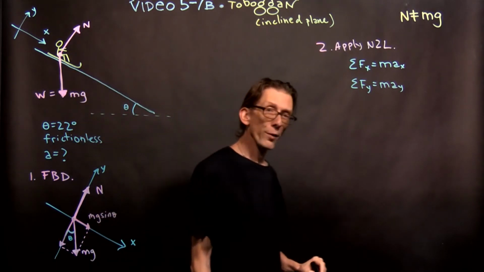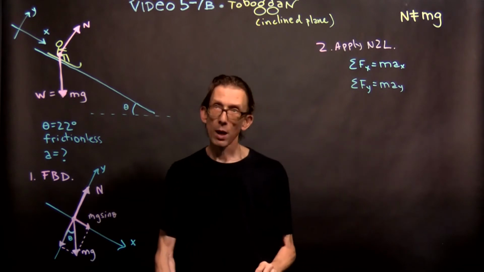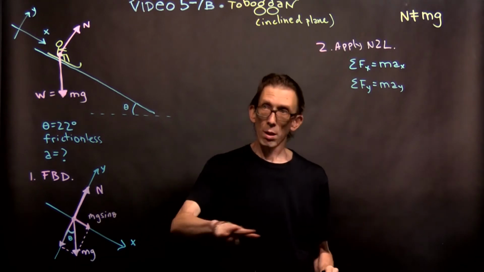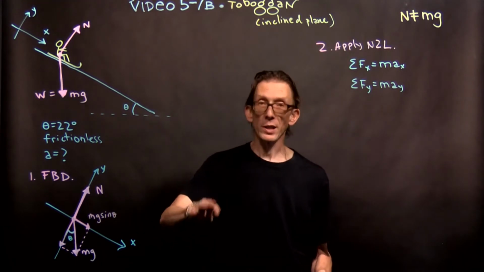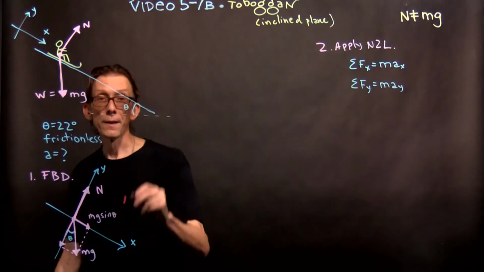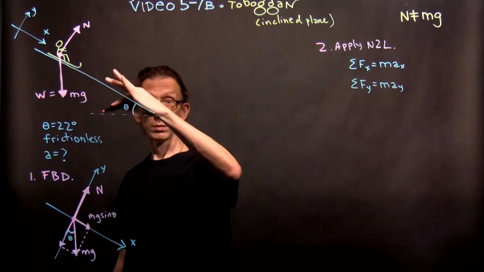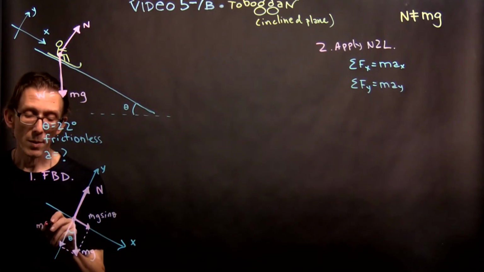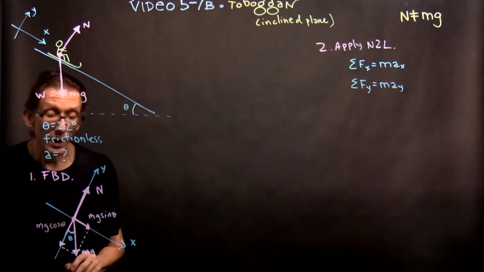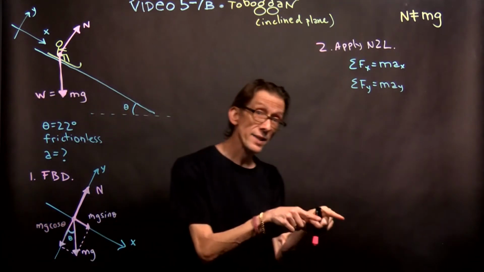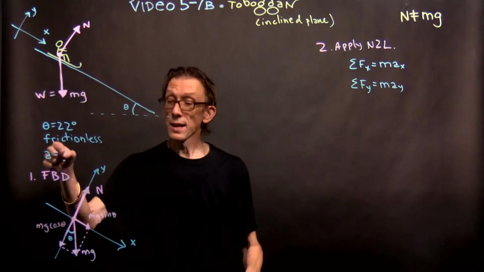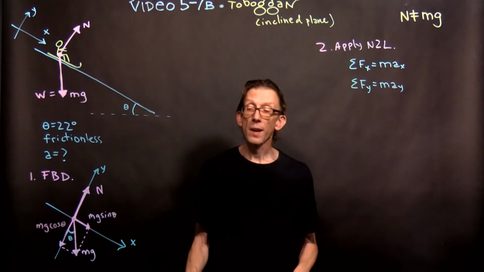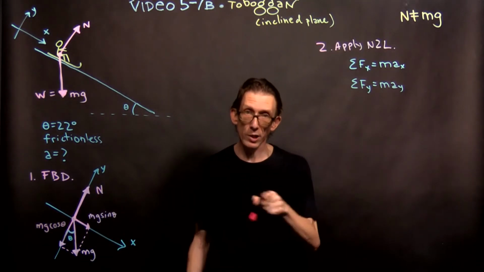The component of the weight downhill is always, forever and ever, amen, mg sine theta, if theta is the angle of incline. The component in the y direction is mg cosine of theta. And again, the reason why the x is sine this time and the y is cosine is because we're not using the position angle.